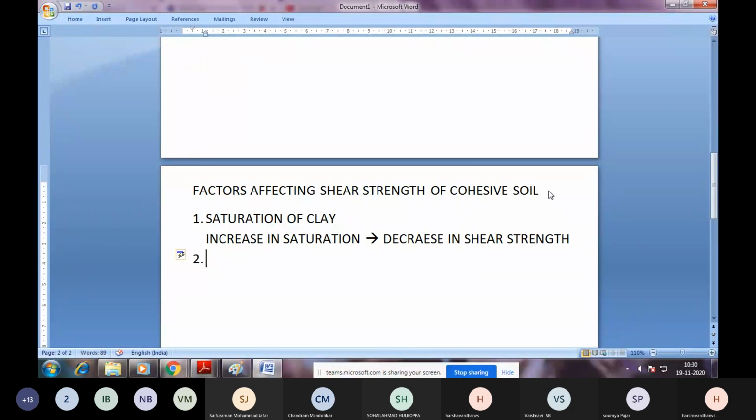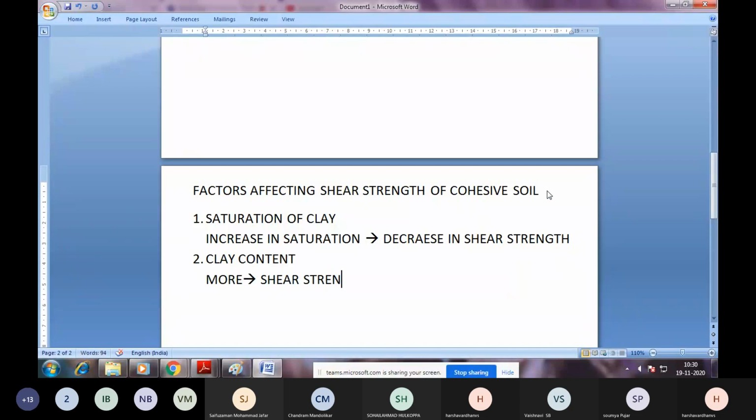The next factor affecting shear strength of cohesive soil is clay content. If it is a well graded soil, that is, it contains soil grains of all particle sizes, then if the clay content is more, its shear strength will be less.